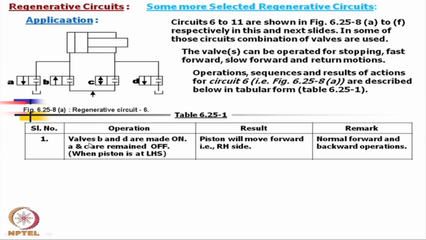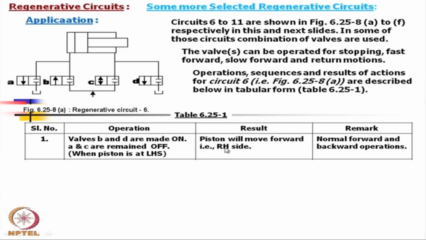Let us consider the operation is that valves B and D are made on. On means these are connected. Okay. A and C remain off. Okay. When the piston is at the left hand side, what will happen?